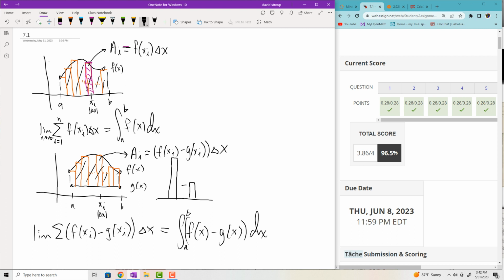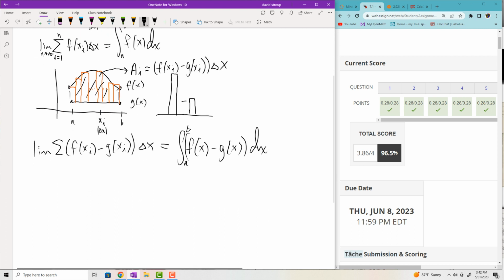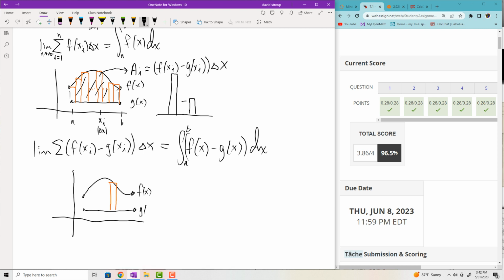In general, I think of it as top curve minus bottom curve, but that doesn't always work because we have those different orientations. If it is oriented in what they call the vertical rectangle direction, it is definitely going to be top curve minus bottom curve. So in this case, let's say the top curve is f of x and the bottom curve is g of x.